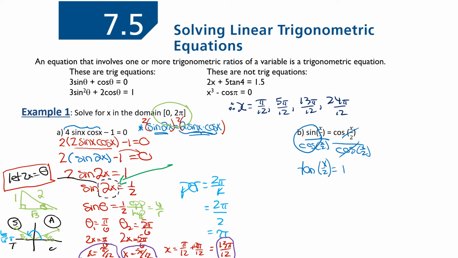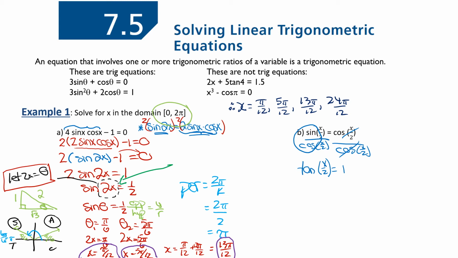Now, you can only do what I just did, dividing by cos, because tan is sine over cos. That is what the tan function is. Normally, we cannot divide by a function because that introduces more restrictions that weren't necessarily there. Think of restrictions from when we did rationals.